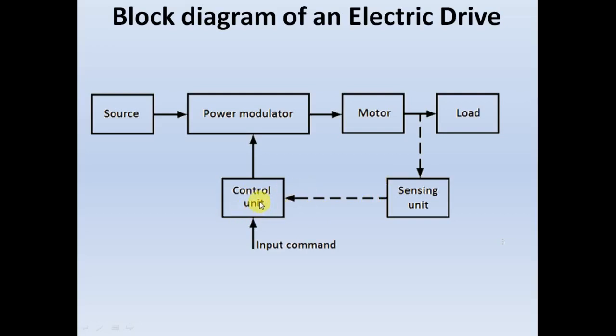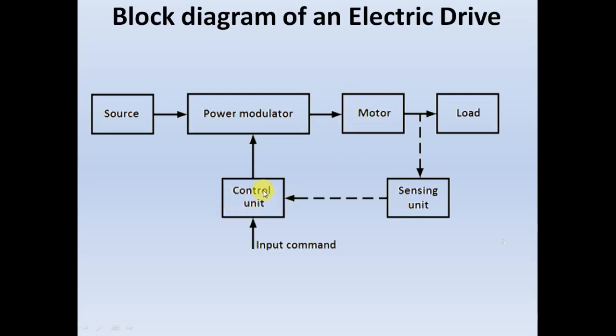Accordingly, we will code the microcontroller in such a way that the firing signals will be adjusted to compensate for this error of 500 rpm. Those firing signals will be provided to the devices present in this converter, thereby the input supply to the motor can be varied and the motor can be made to run at the speed of 5000 rpm.